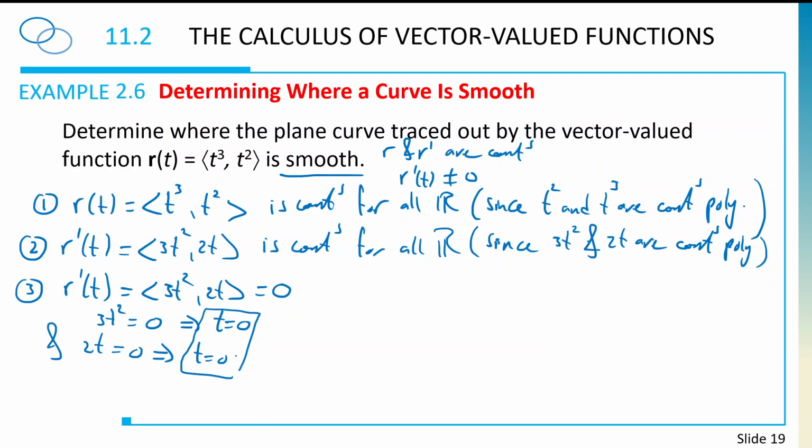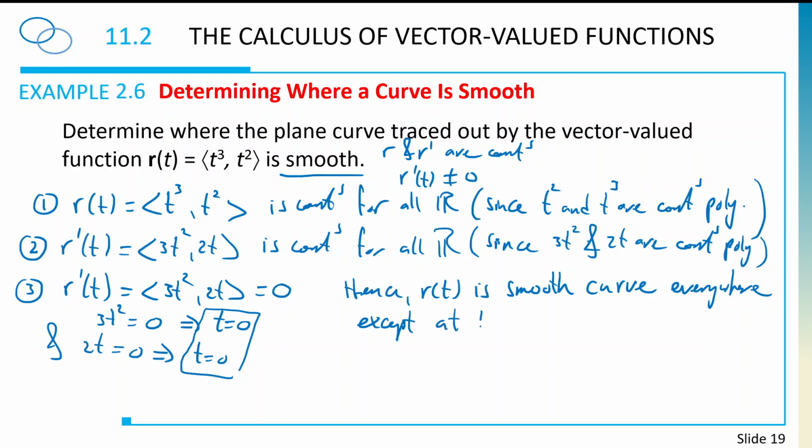Okay, so what can we say? Our conclusion should be, hence, r of t is a smooth curve everywhere except where?